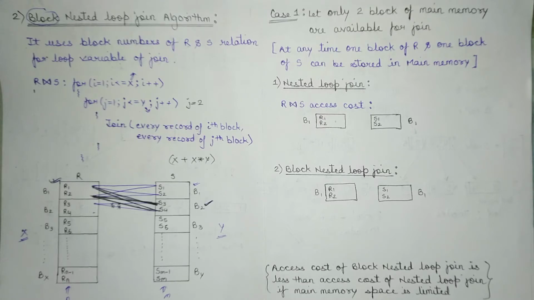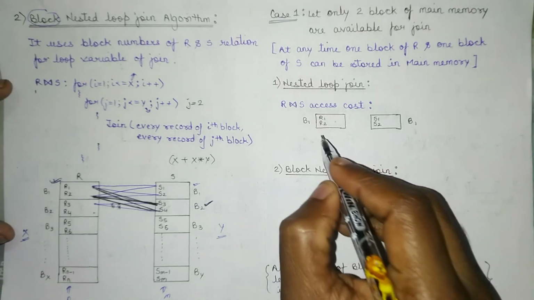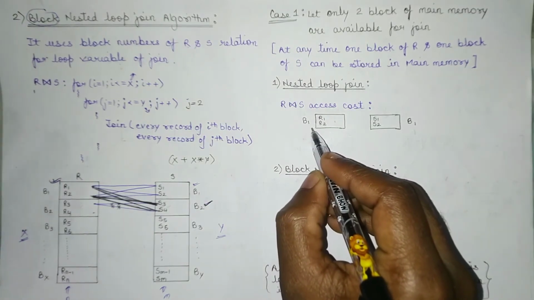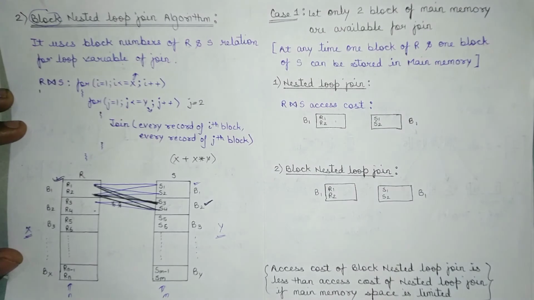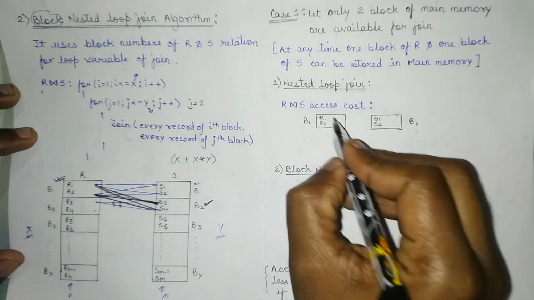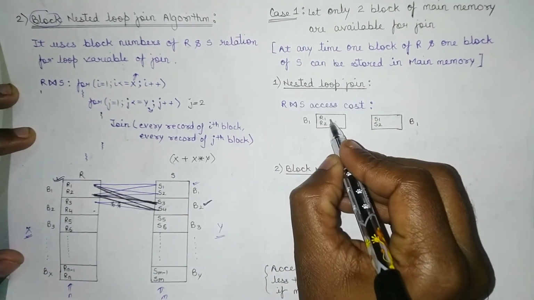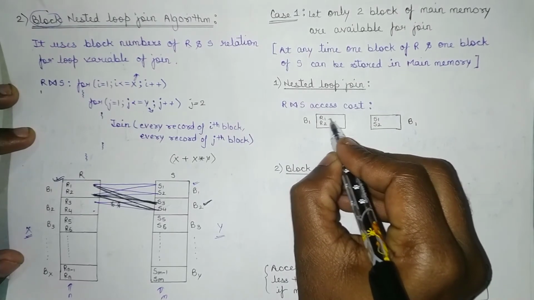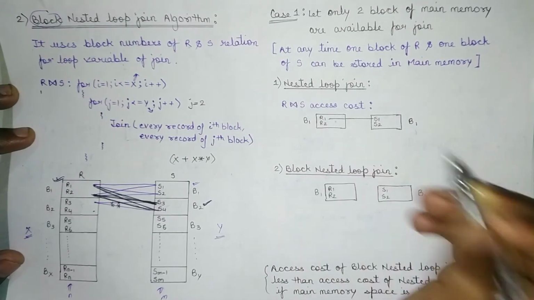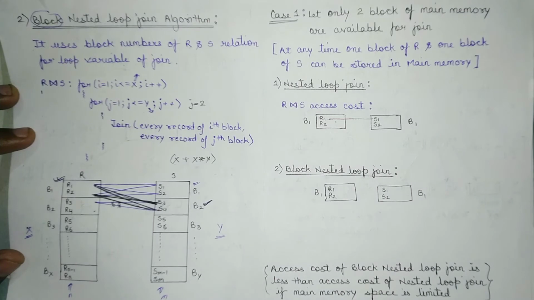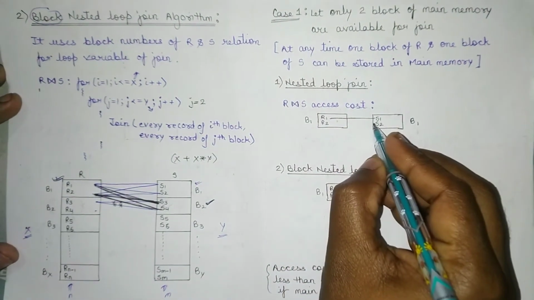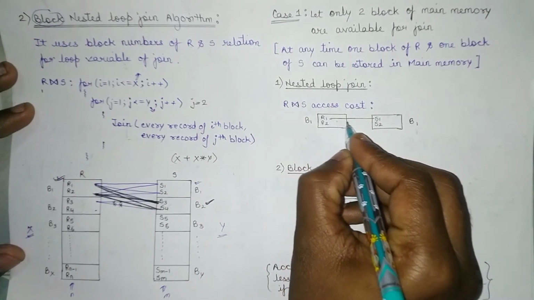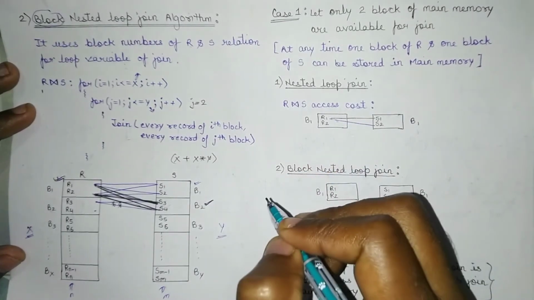So how can you find out the access cost? I am taking one block of relation R and one block of relation S. In nested loop join, we have to join the first record with all the records of the other relation. So R1 will be joined with S1, then R1 will be joined with S2.